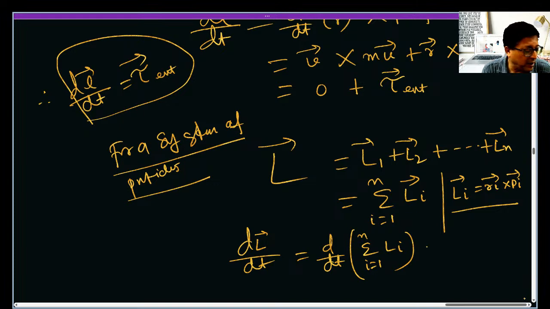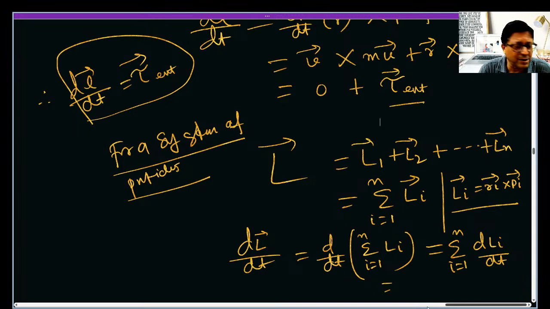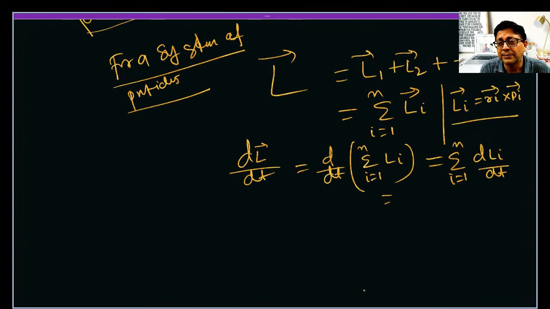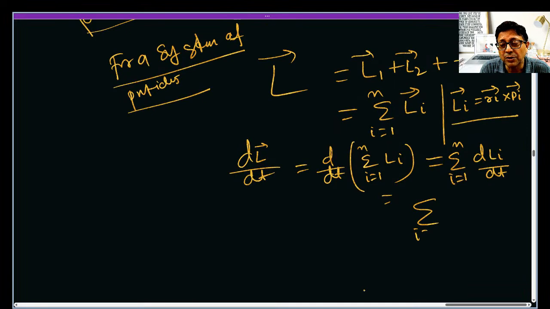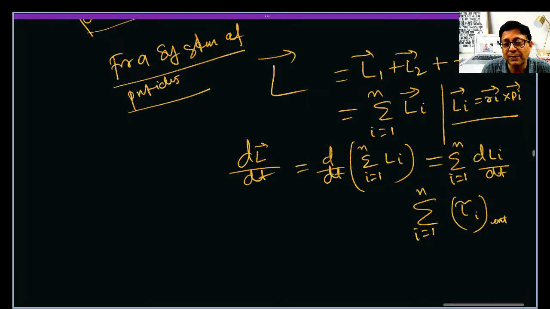So this is nothing but sigma dLi by dt. What is dLi by dt? For a single particle we got tau external. So what to write here? Sigma i equal to 1 to n tau i external. You agree or not?